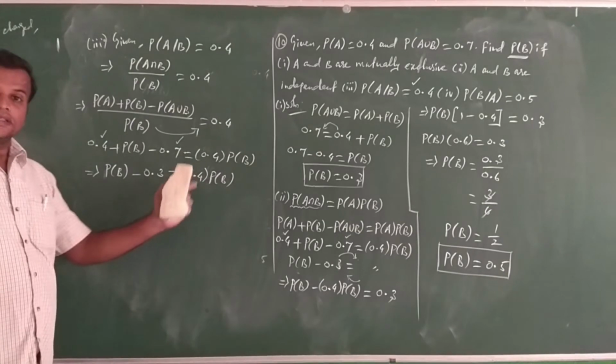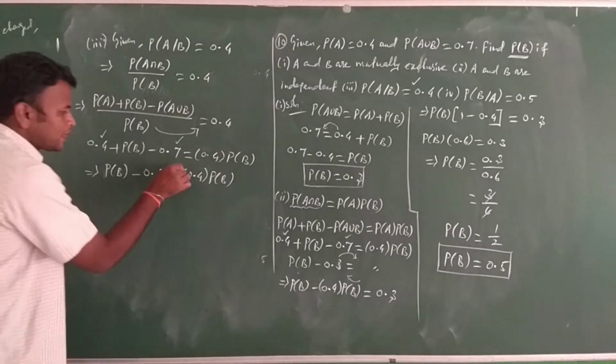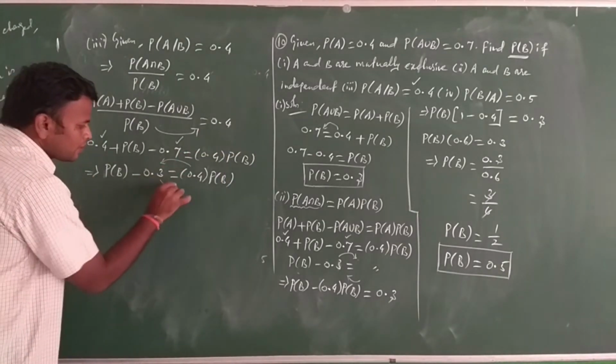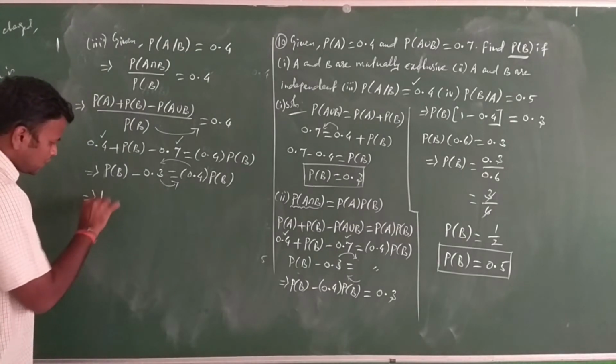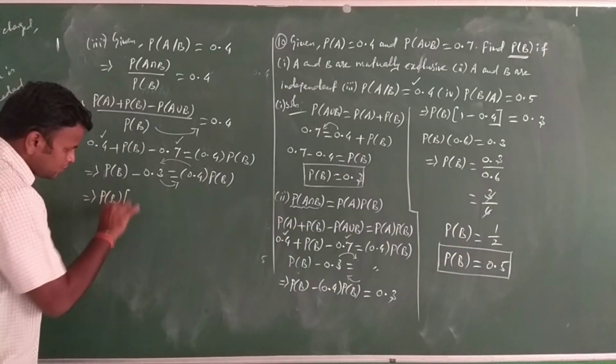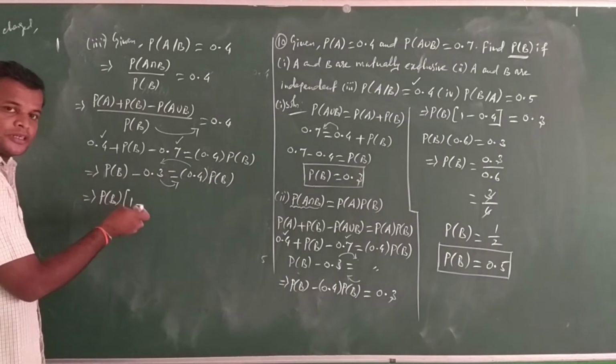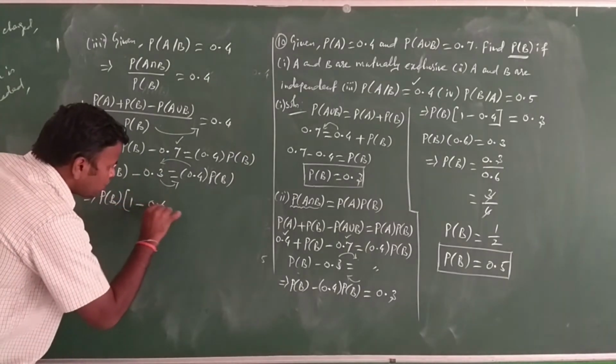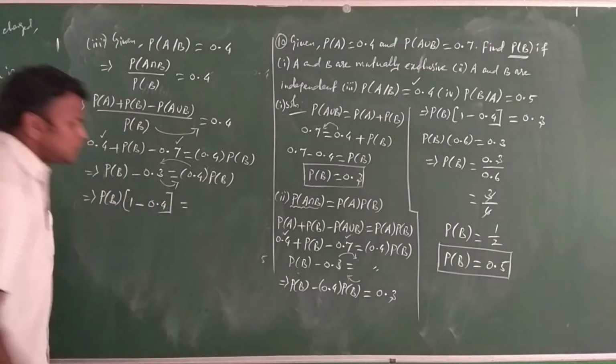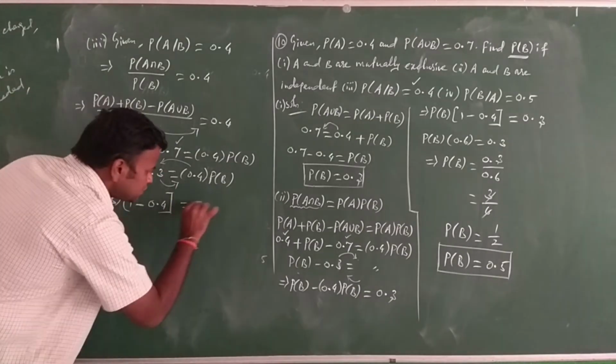This is the same as the previous one. I will take P of B outside: 1, the plus one becomes minus 0.4, is equal to, minus becomes plus, 0.3.